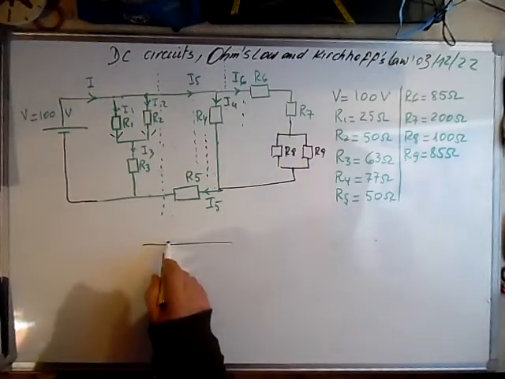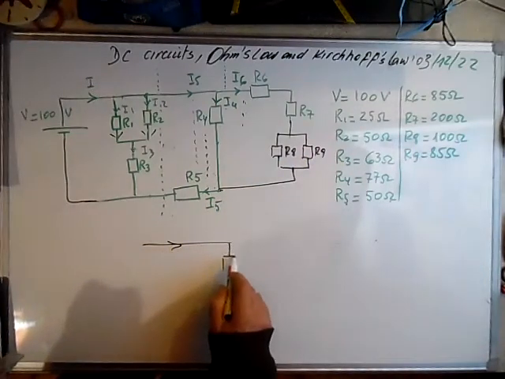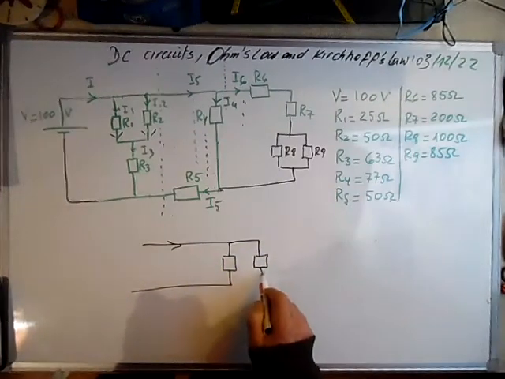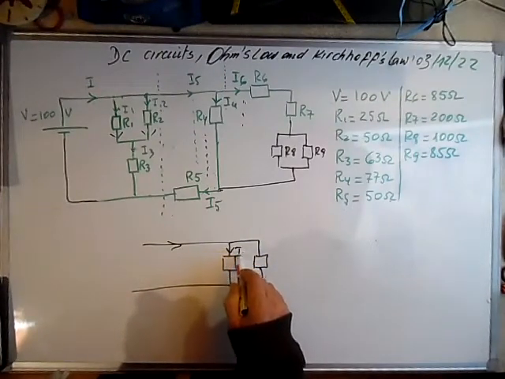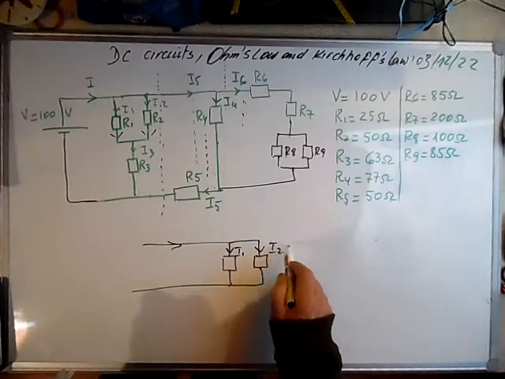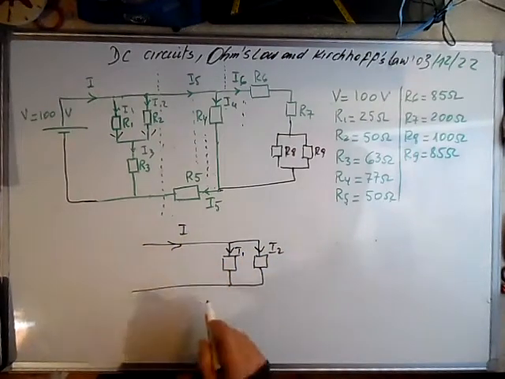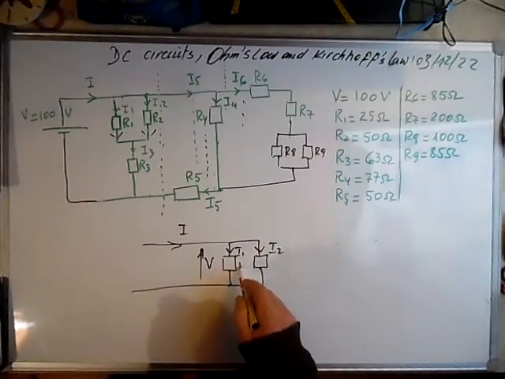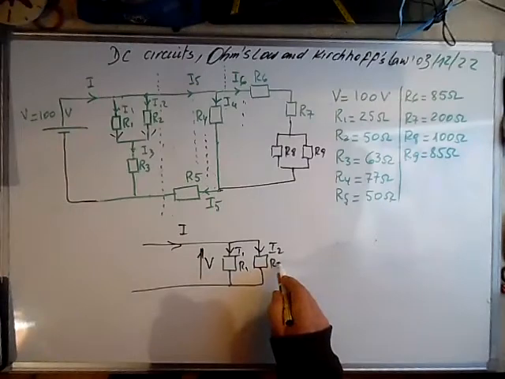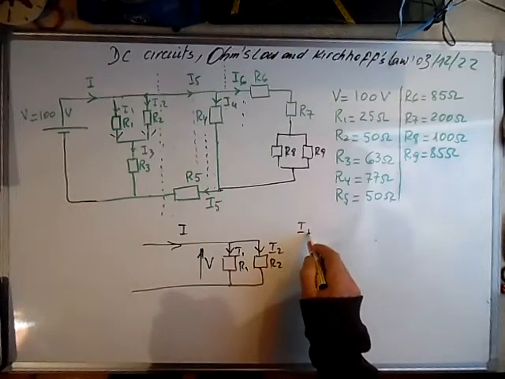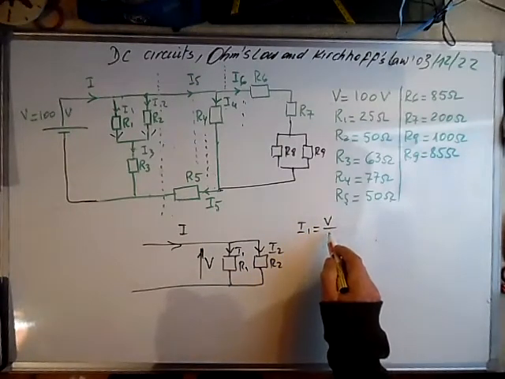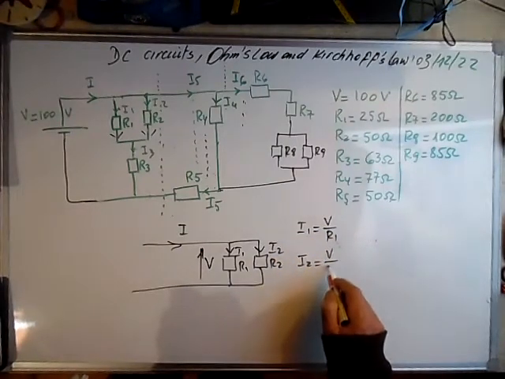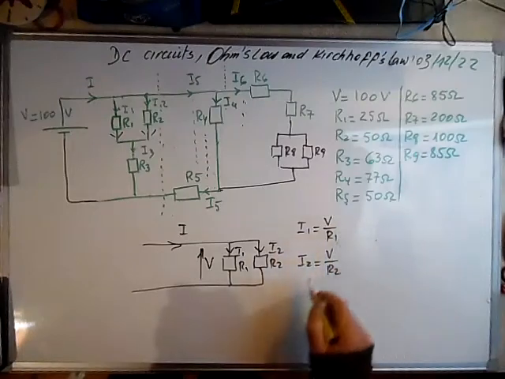If you remember, the current divider: when we have two resistors in parallel, we can calculate the currents in the branches using the main current, which is here. How do we do it? Well, we use Ohm's law. I1 is equal to V over R1 and I2 is equal to V over R2.